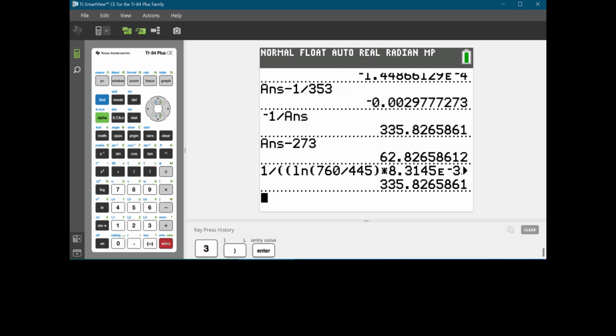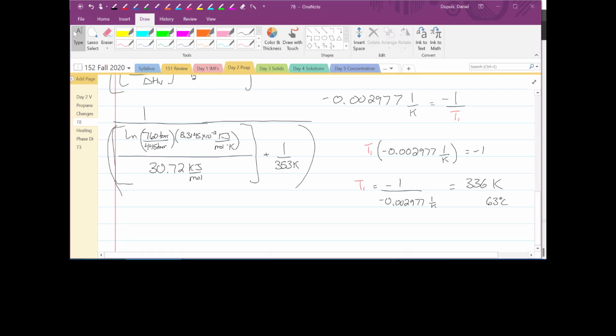There you go. 335.8. Same answer. So again, it's up to your calculator preference. It doesn't matter to me which one you use. It matters to me that you use it correctly and can figure it out. Okay? Alright. So being able to use your tool is kind of important. So that is how we do 78.